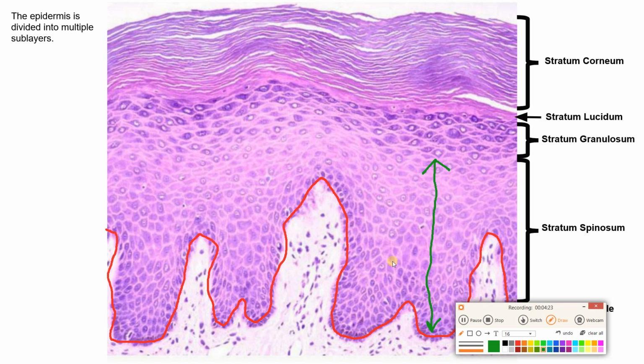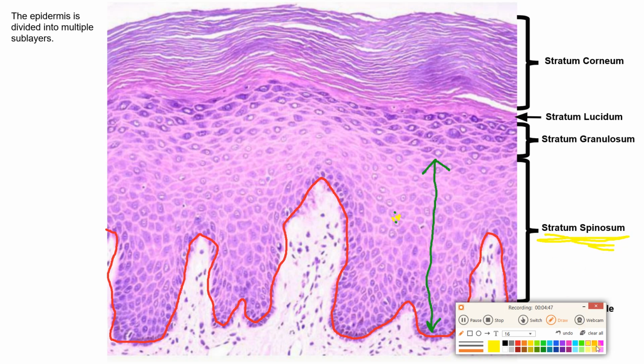If we were to zoom in between these two cells right here, we would be able to see little tiny desmosomes connecting these cells. And the desmosomes, when you zoom in, give it a spiny appearance, hence stratum spinosum.